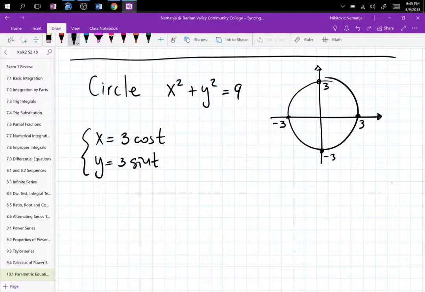Now, if you look at this parametric set, aren't these just very basic, easy functions to work with, sine and cosine? So this is what parametric equations do for us. They take something that was not even a function and write it down as a set of functions that we can work with.